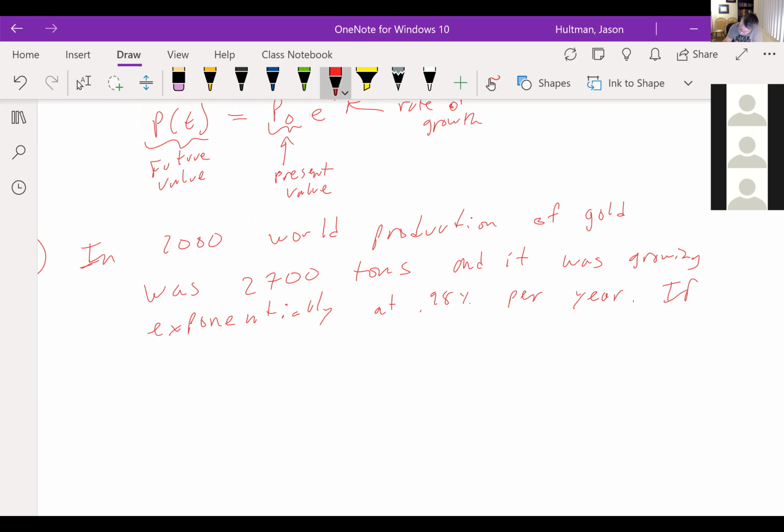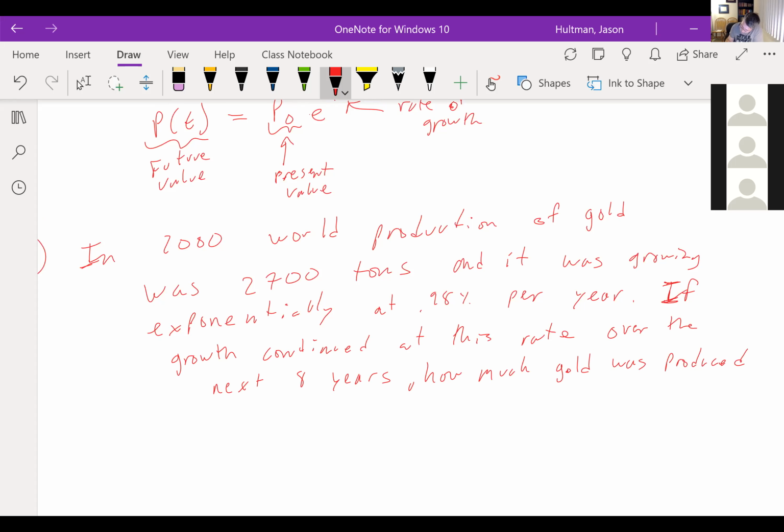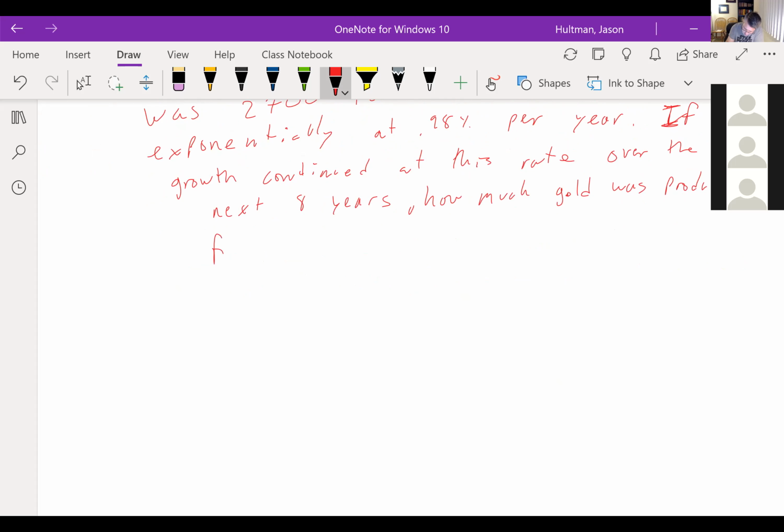If growth continued at this rate over the next 8 years, how much gold was produced from 2000 to 2008?